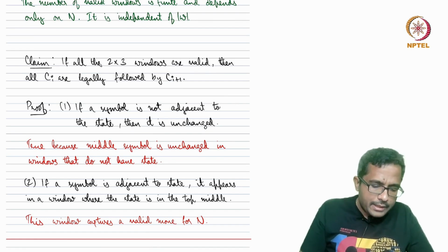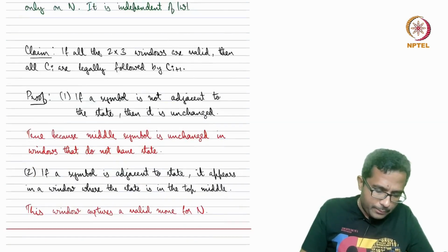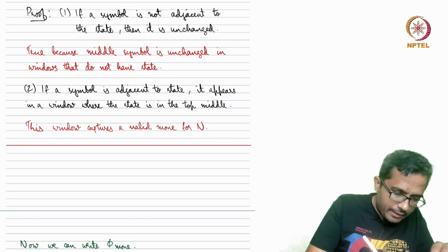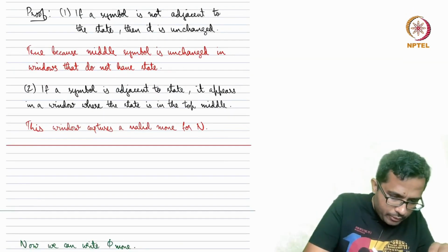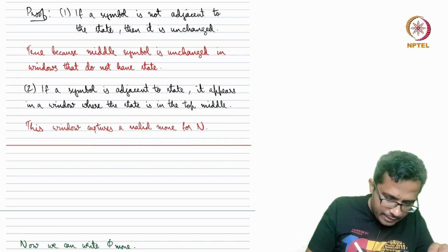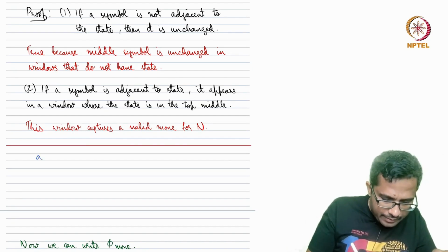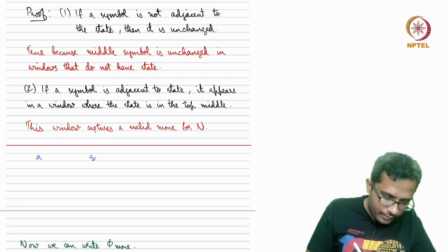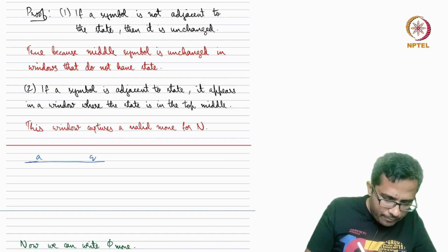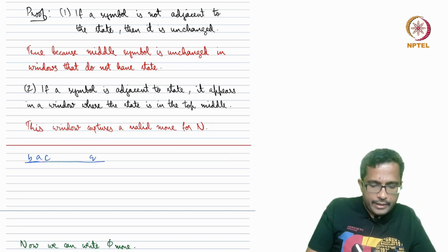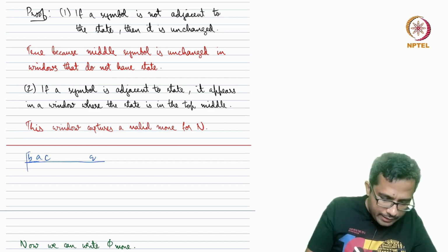Suppose a symbol is not adjacent to the state. So maybe I'll just write down here. Suppose a symbol, let's say A, is somewhere and the state is somewhere far. So now there is a 2x3 window which does not contain the state at all.